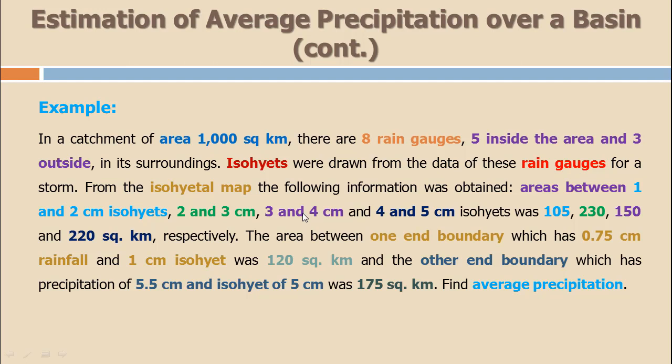So in a catchment of area 1000 square kilometer, the total area of the catchment is given. There are 8 rain gauges, 5 inside the area and 3 outside its surrounding. So total gauges are 8, but we are interested only in the 5 gauges which are inside the area.